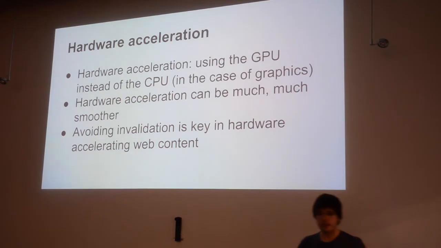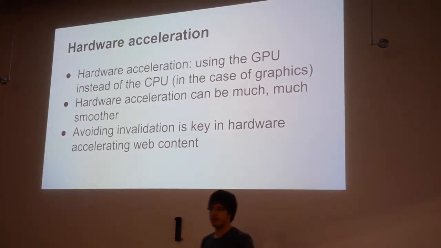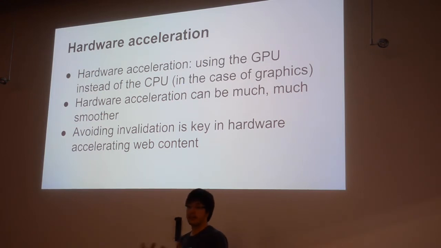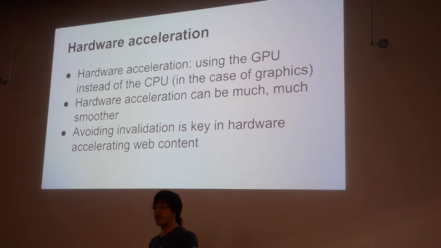Cool, okay. So now let's talk about hardware acceleration, which is where transitions come in. Hardware acceleration is basically, in this context at least, using the GPU instead of the CPU wherever possible. There are other contexts of hardware acceleration. For example, you have sound cards that can do hardware accelerated sound, but we're not concerned with that here.